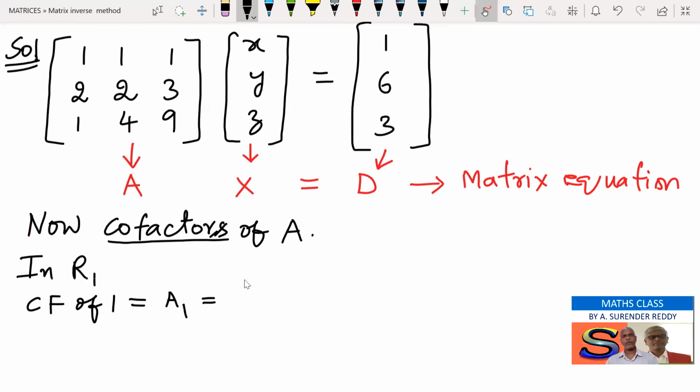So for 1, we exclude the row and column in which the element lies, and take the remaining 4 elements, the determinant of the matrix formed by them: 2, 3, 4, 9.